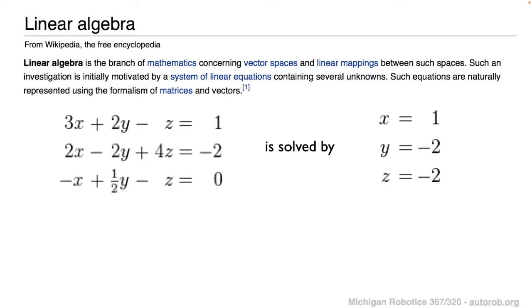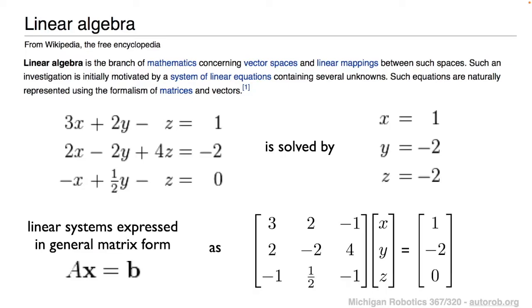How we're going to express linear algebra for this course is by using matrix notation. This same linear system can be expressed in matrix notation as shown on the lower part of this slide.